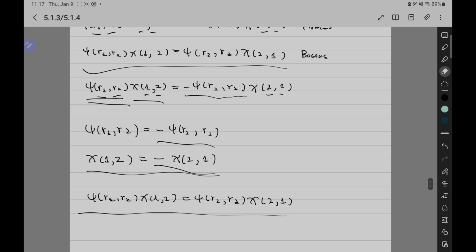Therefore, for anti-symmetrical, if the spatial r1, r2 is symmetric, then the spinor chi of 1, 2 must be anti-symmetric, or the other way around: if the spatial r1, r2 is anti-symmetric, then the spinor must be symmetric.